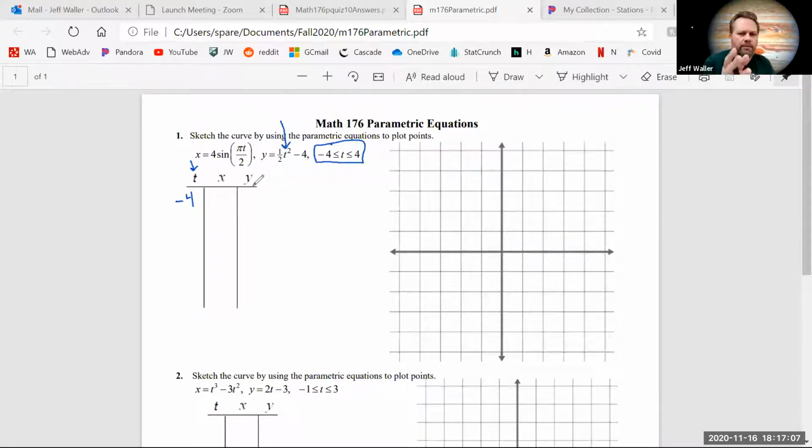So what normally happened in the past? I would pick a value for X, it would make an output Y, that's the point. Now I pick an input of T, and that creates both the X and Y pieces. Very freaky, very cool. So what do you get when you put a -4 in here? -4 divided by 2 is -2. What's sine of -2 pi? Does sine like it there?